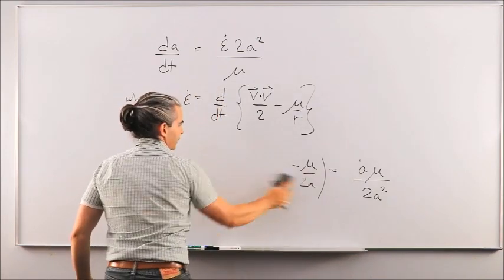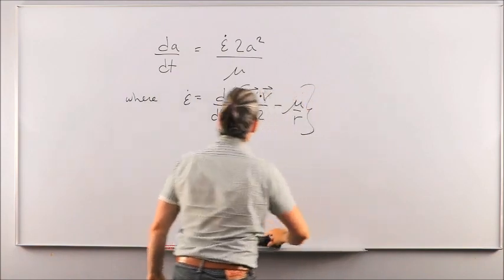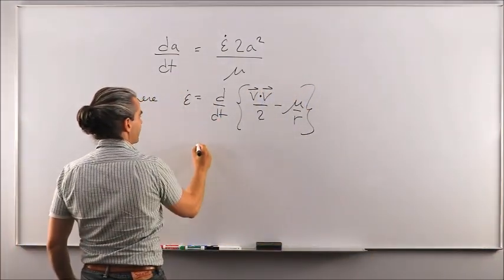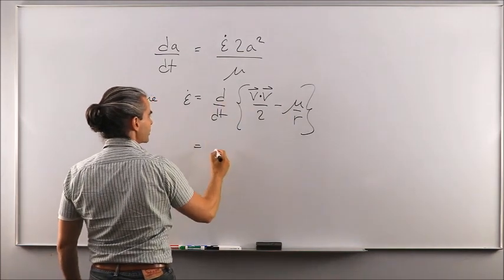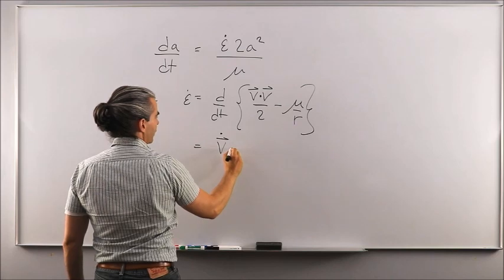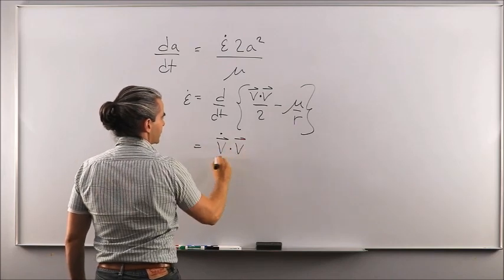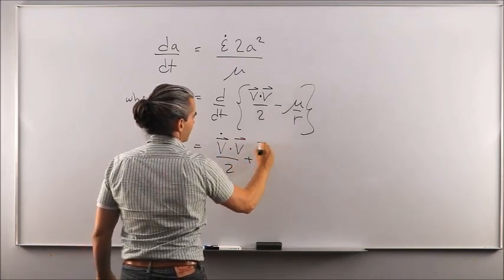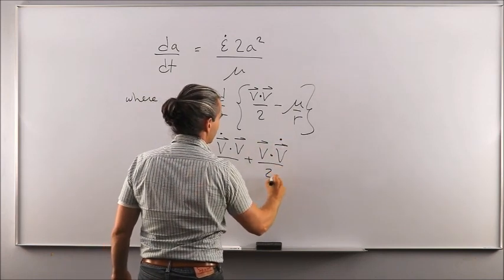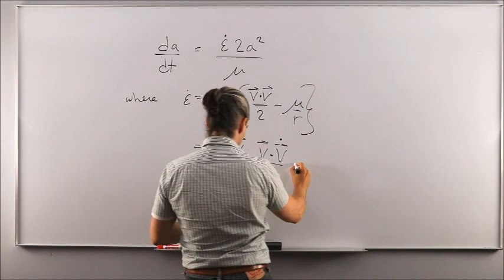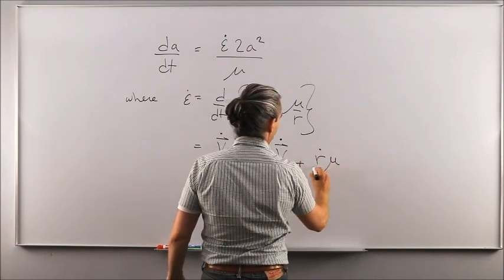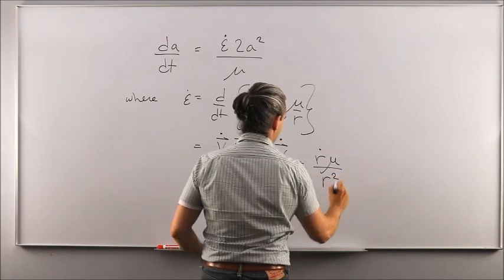Just a little trick here that we're going to use. So let's apply the time derivative to both of these terms. So here we get chain rule, velocity dot product velocity over 2 plus velocity dot product velocity inertial derivative over 2. And then here would become plus r dot mu over r squared.